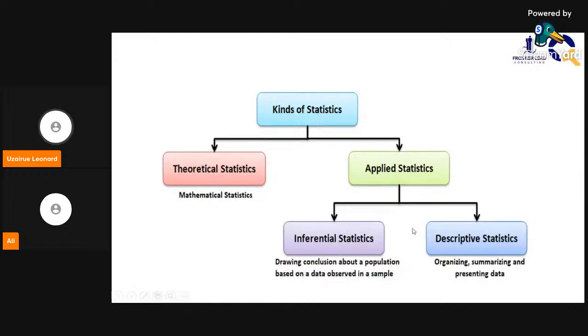While inferential statistics has to do with the aspect that helps you to draw conclusions about a population based on the data you have observed in a sample. So what we are saying is, descriptive statistics only helps you to organize, summarize, and present your data, whether in tables, in charts, and all of that.